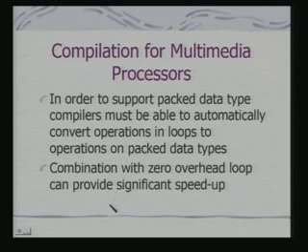Now, the combination of this with zero overhead loop can provide a significant speed up. So, that is the basic issue, that compilers need to know that there is a packed data type. It has to identify the loops for which the packed data types can really be used. It is not that it can be used for any for loop for that matter. So, it should have the ability to analyze the code and use the packed data types.